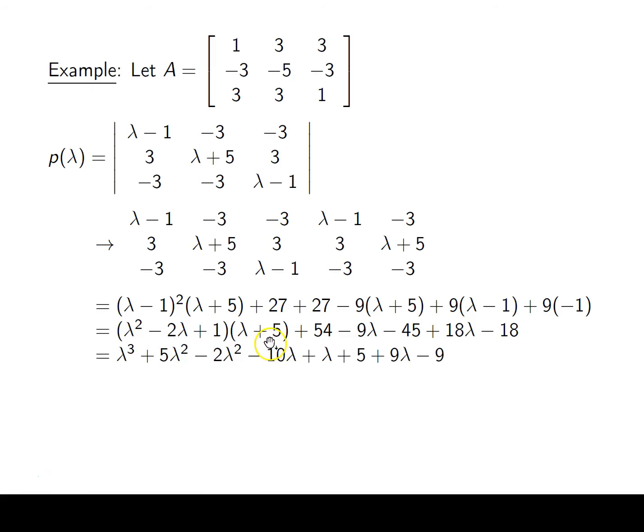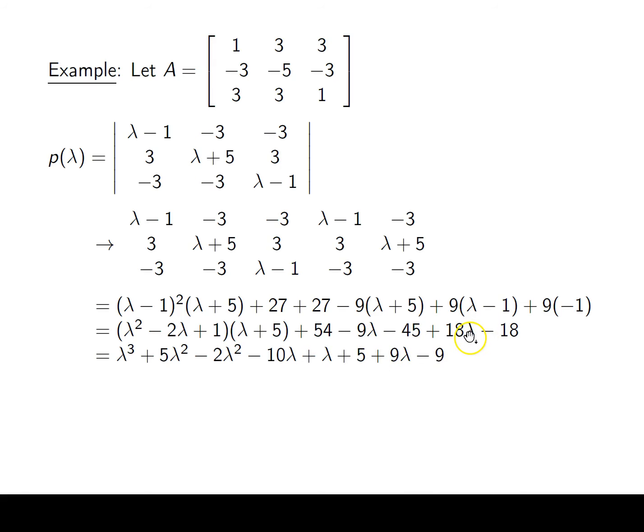So lambda plus 5 is being distributed into here, so I have lambda cubed plus 5 lambda squared, then times the second one, so negative 2 lambda squared minus 10 lambda, and then lambda plus 5. And all of this simplifies to 9 lambda minus 9.